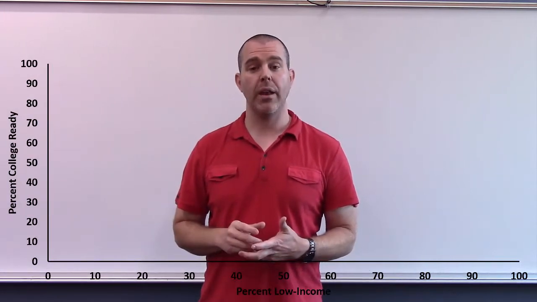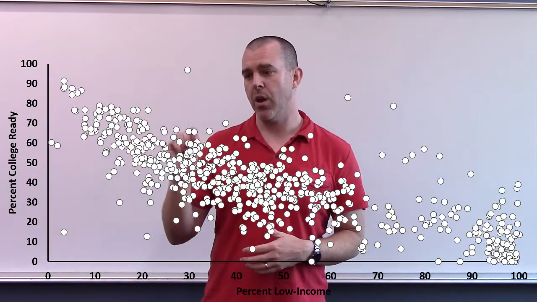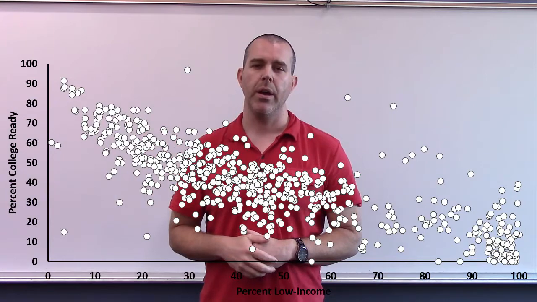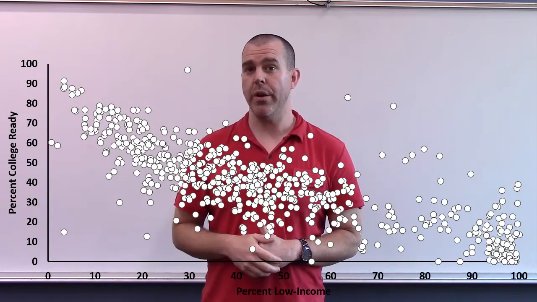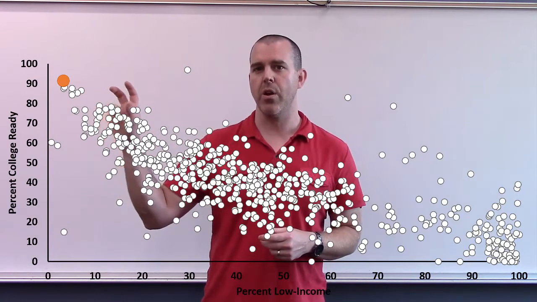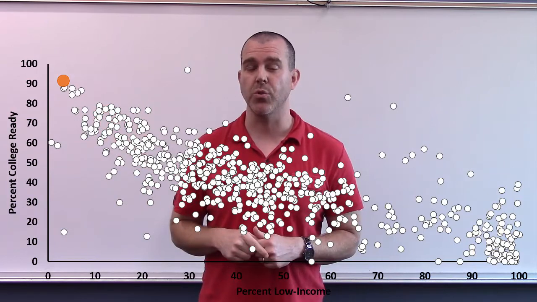If you look in the state of Illinois, these are the points that you get. Every point here represents a school in Illinois, a high school in Illinois. New Trier, that seems to be doing very well, is actually just right over here with that really high percent college ready, but only 3.4% of their students are low income.